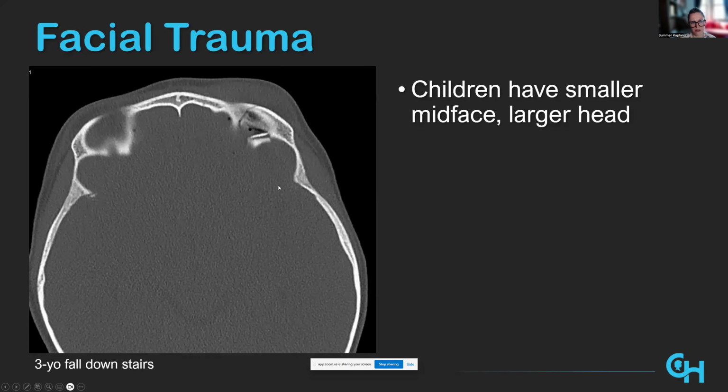And I show this because facial trauma in kids tends to be at the frontal bone, whereas in adults, you are more likely to have mid-face trauma. Think about how many adults you see with zygomatic arch fractures. Adults have a much bigger mid-face, and so they tend to get trauma at the zygomatic arches, whereas children have a small mid-face and a larger head. Children are much more top-heavy, and they're much more likely to have trauma affecting the superior orbital rim. It can be very subtle, like this hairline fracture here, this non-displaced fracture that goes through both the cortices.